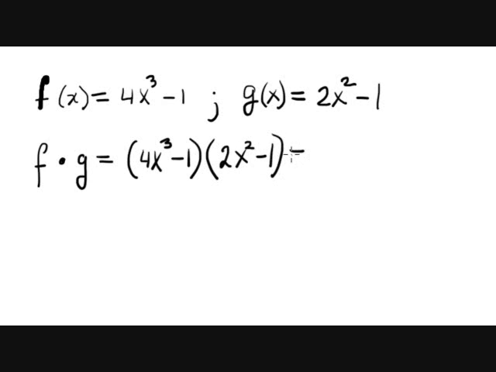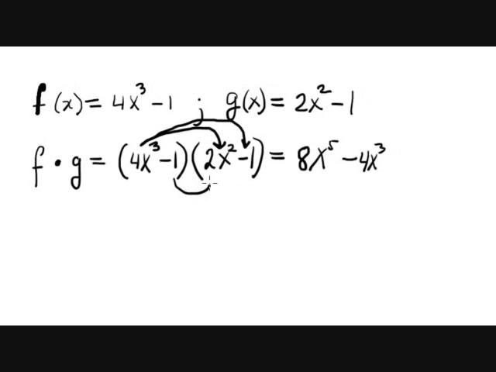So these are two binomials, you apply FOIL multiplication. First times first is 4x cubed times x squared, 4x to the 5th power. Outer is minus 4x cubed.